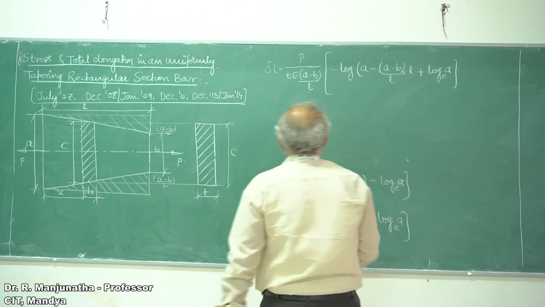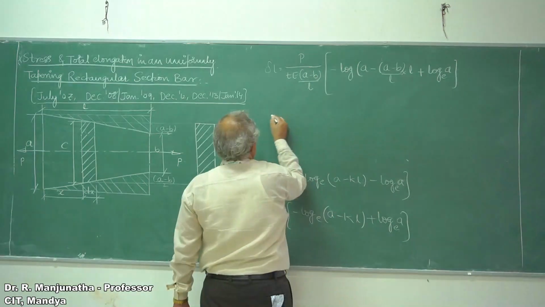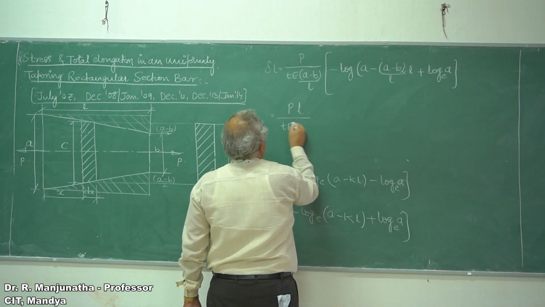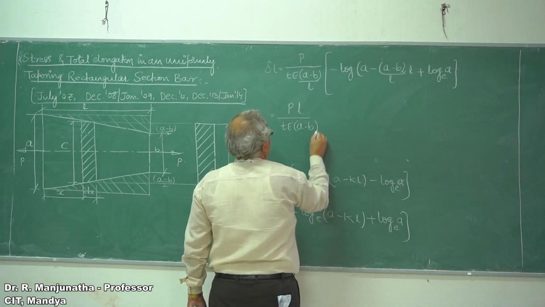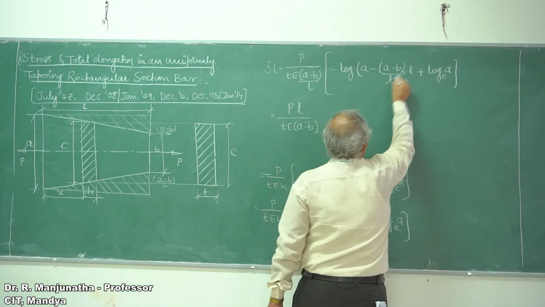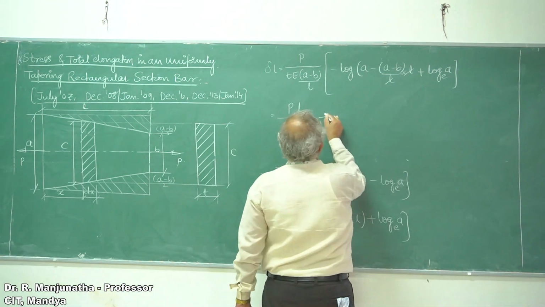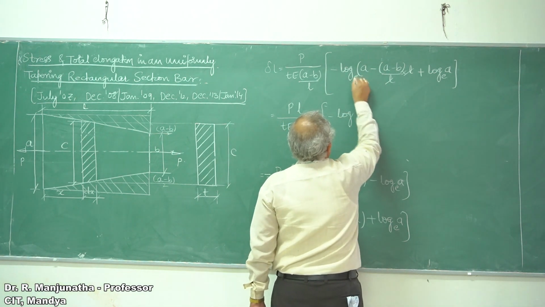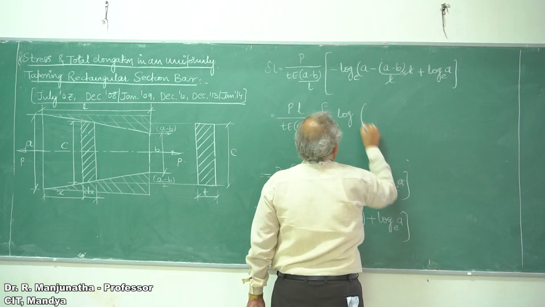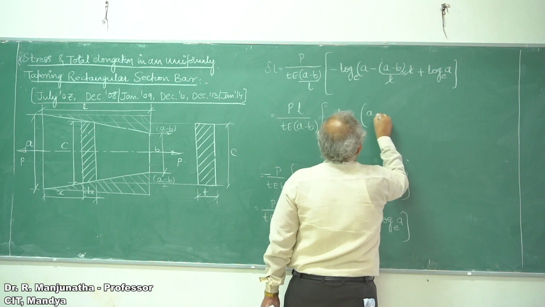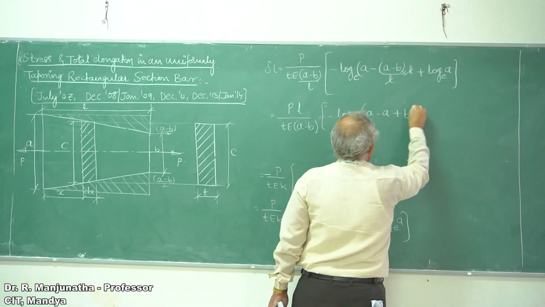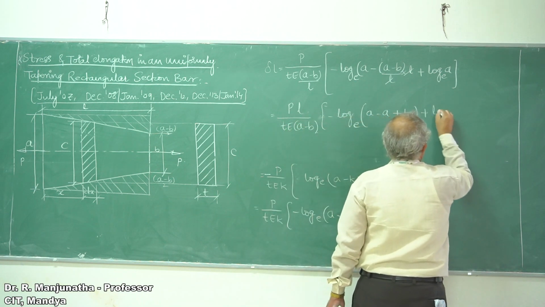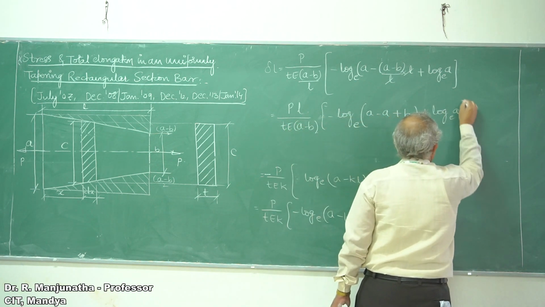Now when you apply this, the term goes to the numerator, so P into L by T into E into A minus B. So this L and this L get cancelled, into minus log of A minus A plus B to base e plus log A to base e.